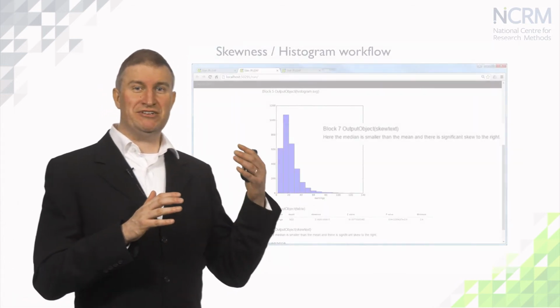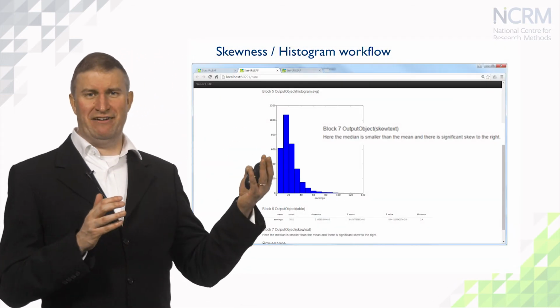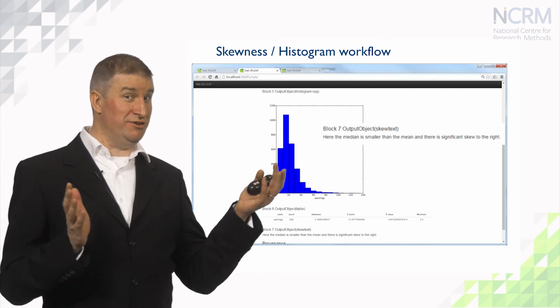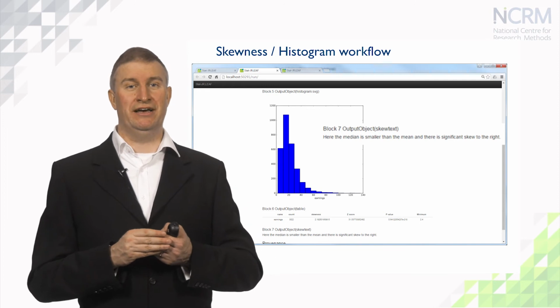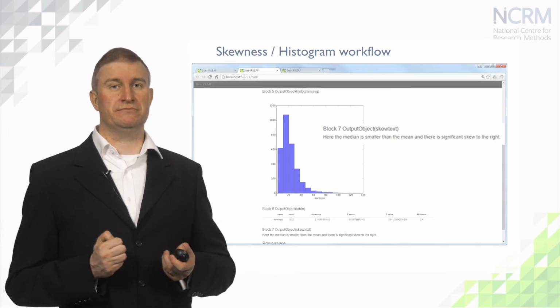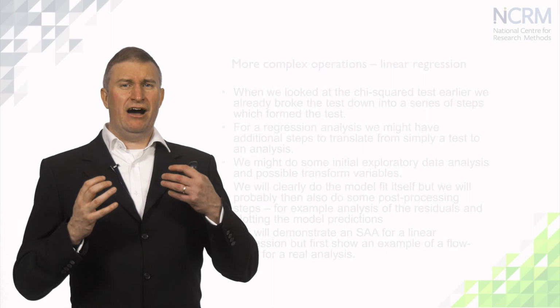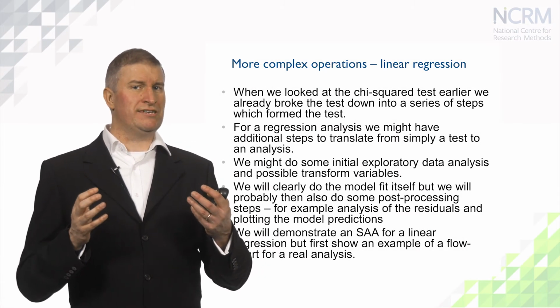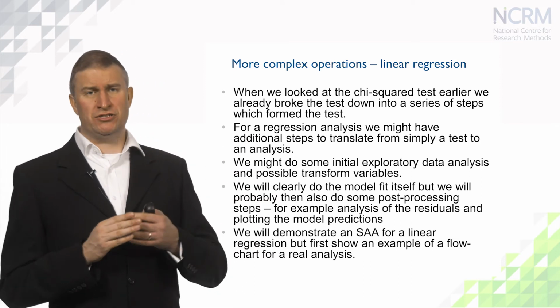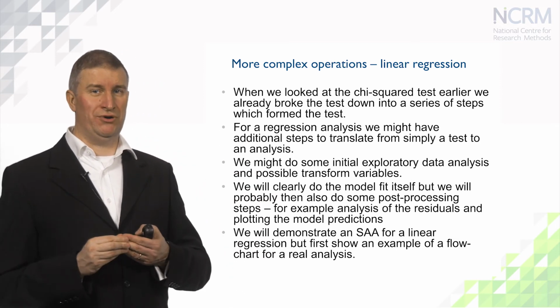Just to show that the system works, here is another go. We have a different variable, and this variable is not symmetric, it's very skew, and you see that different messages appear for such variables. Our next step, therefore, would be to move on to more complicated models. And here we're going to talk about a linear regression model.